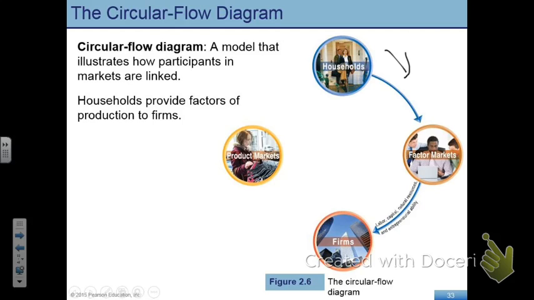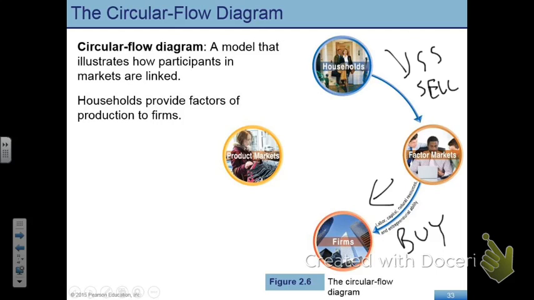So he is supplying land. He is supplying labor. He is supplying capital, right? He is supplying those to our firm, who is buying those from the factor market. So in this case, our household is the seller, our firm is the buyer, right? Do we all see that?